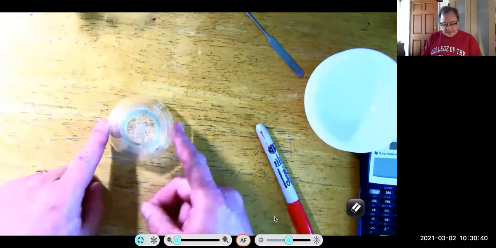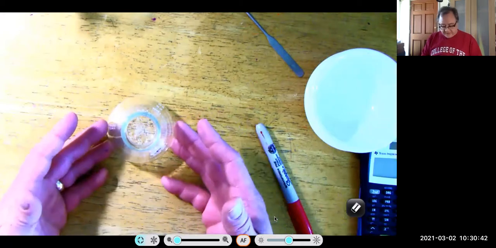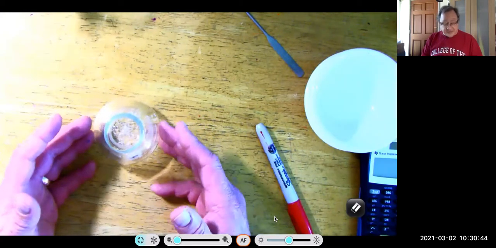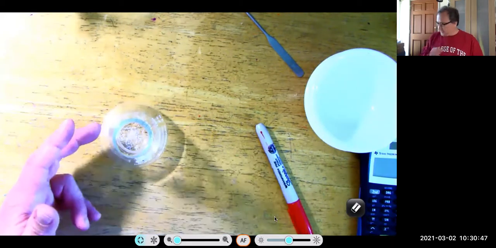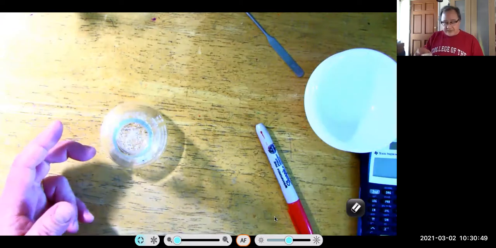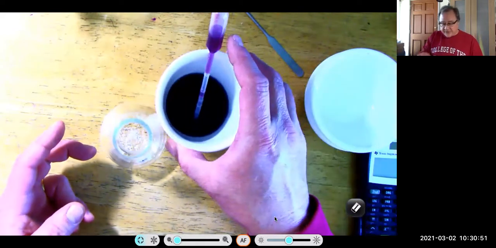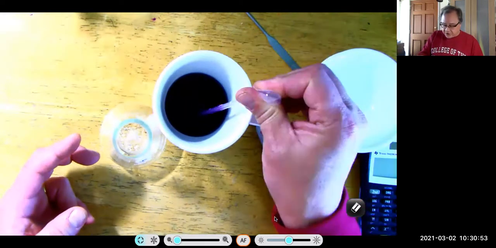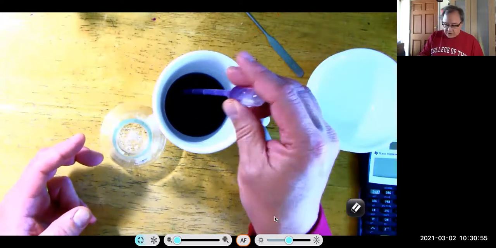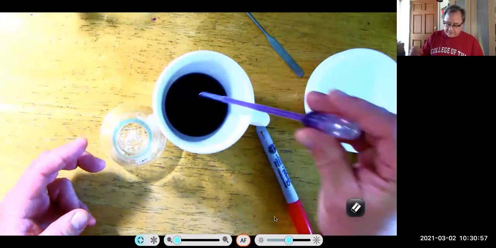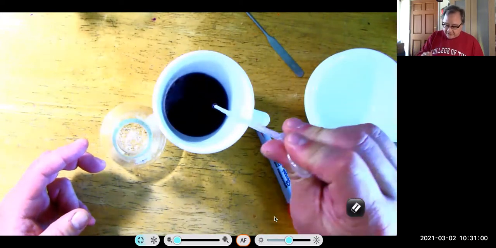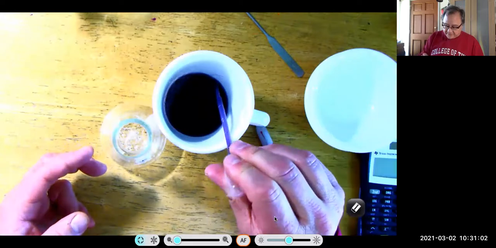Okay, so now I have my potassium hydrogen phthalate in this container. And what I want to do is use some indicator solution with that. So this indicator solution you can see is a rich purple color. Oops, and I have some leafing material in there. I didn't want that.